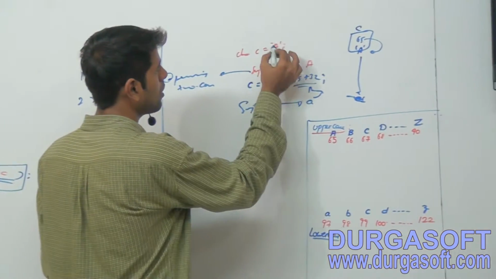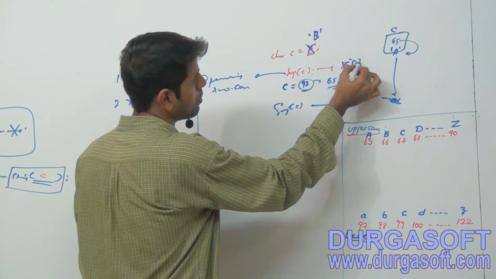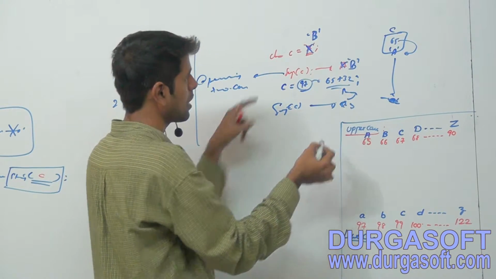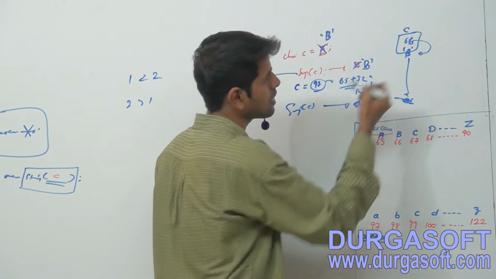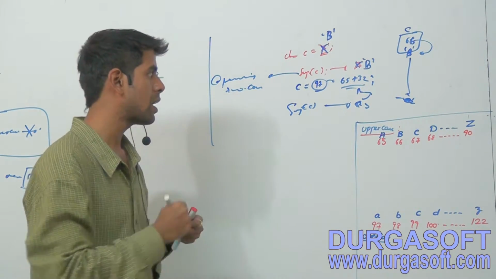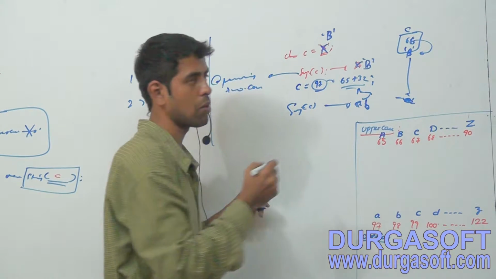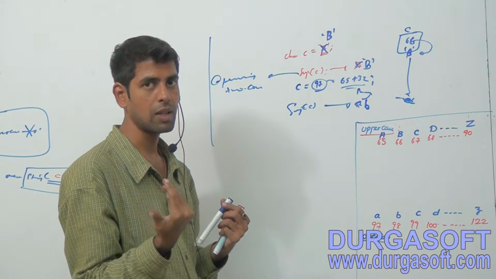Now I want to print small b, and C is referring to 66, that is capital B. Now I want to get the output as small b. How to do that? Once again, a simple thing.